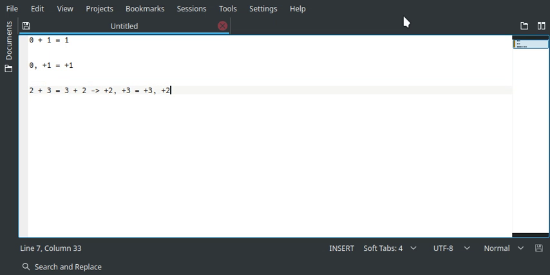Okay? So this unordered list, 0, positive 1, it should correlate to 1 plus 0. Right? So that would be the specific list ordering, positive 1, 0.